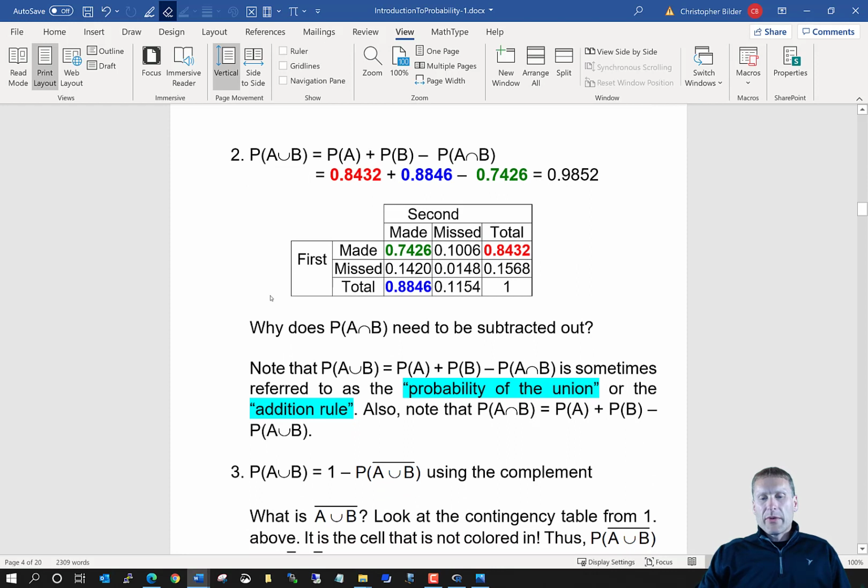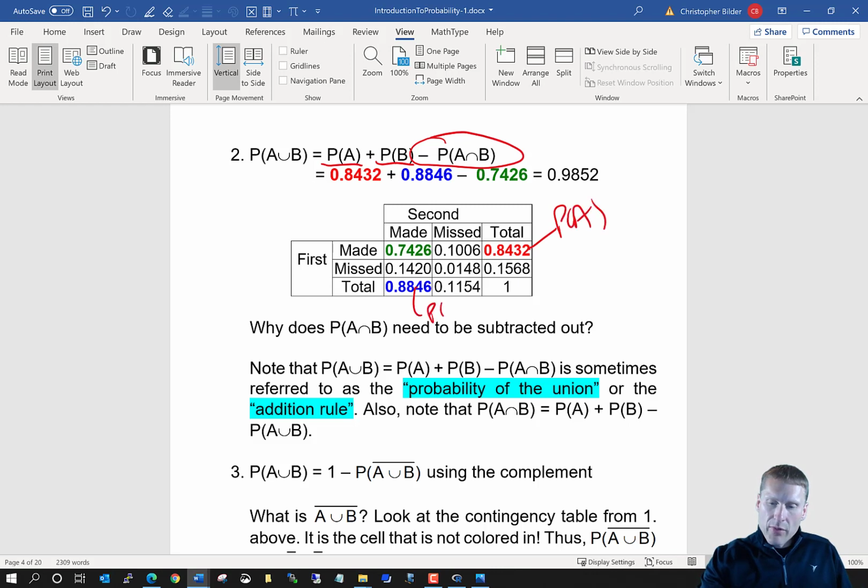Now there's actually a little bit of a shortcut way to find that expression. What we can do is simply take the marginal probability for A plus the marginal probability for B, and then subtract out the intersection between A and B. Why? Well, here's the probability of A, and here's the probability of B. Notice, to get the probability of A, we needed to add these two probabilities together.